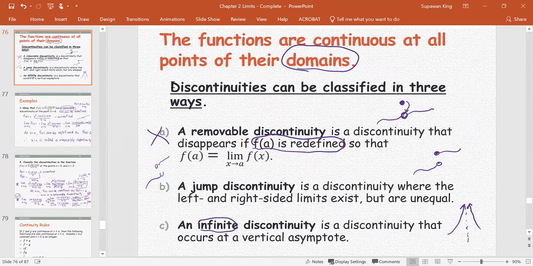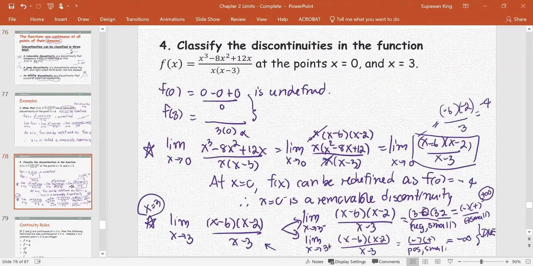The difference between B and C: in B, the left-hand side and right-hand side approach real numbers. But part C, the third type of discontinuity, an infinite discontinuity, occurs at a vertical asymptote, which is our case for this example. Then back to the example, x equals 3 is an infinite discontinuity.